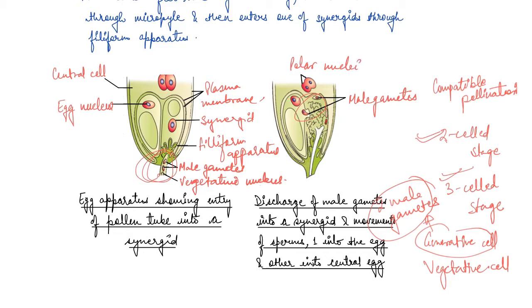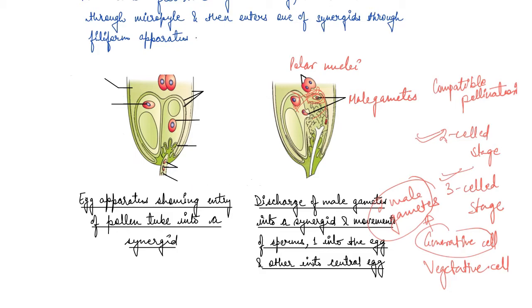So this is discharge of male gametes into a synergid and movement of these sperms. One is moving towards the egg and the other one is moving towards the central cell, which is where we have the polar nuclei, right? So this is the next diagram. I hope you understood this diagram well. If not, please do let me know in the comment section and I'll explain it again.